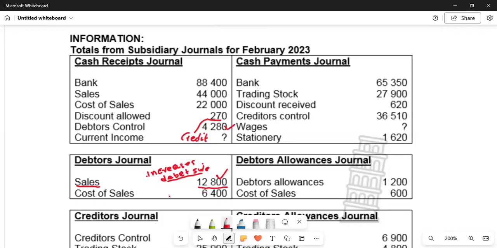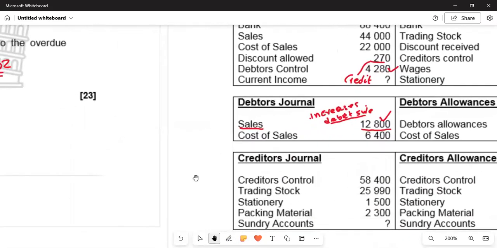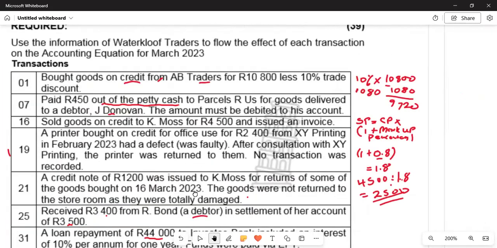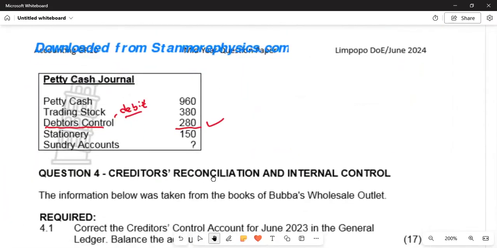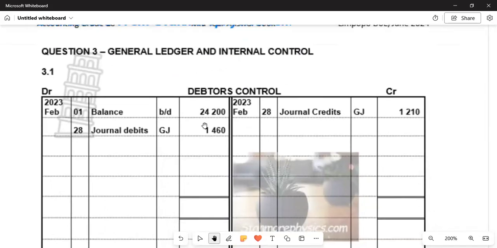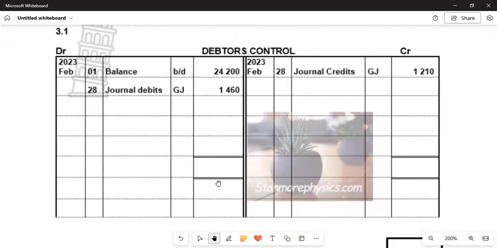So now let us go to the answer book and do the debtors control. Here we are under debtors control account. Already we are given the balance brought down, and general debits is also already given. So we are to record the sales.